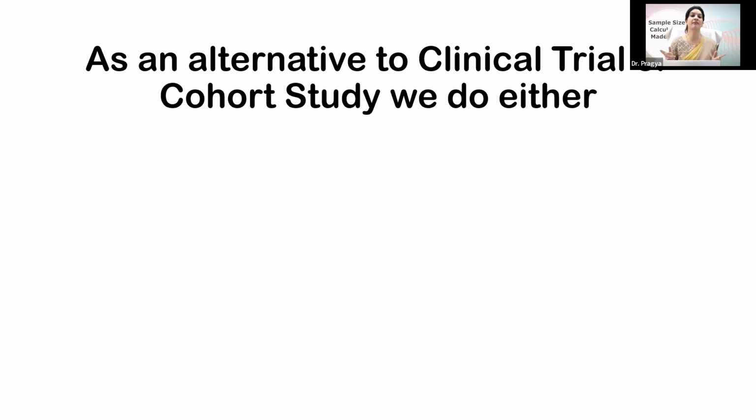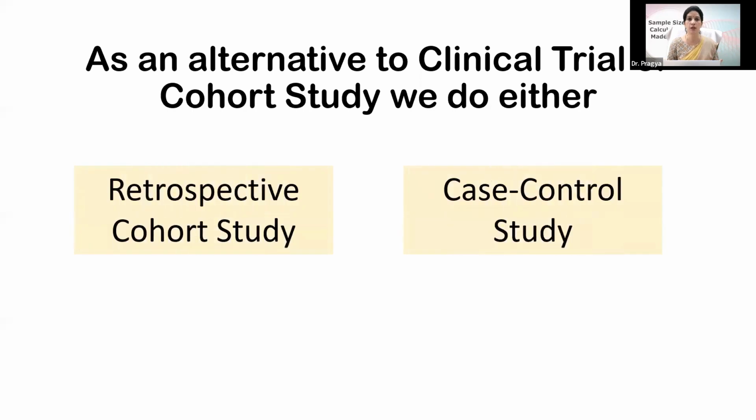And again, there are variants of case control study, like nested case control, or there is a case cohort study, where you can reduce these biases and you can increase the level of evidence. So that's how a case control study is a very useful way to test a hypothesis.